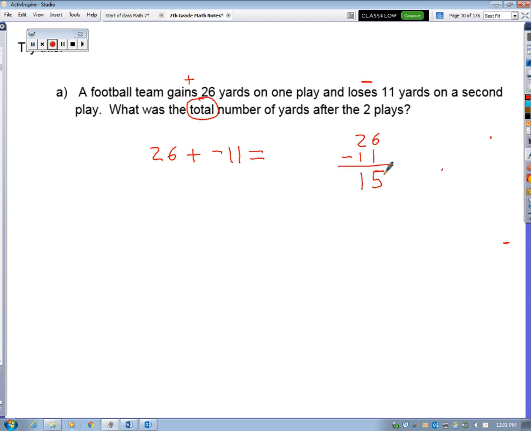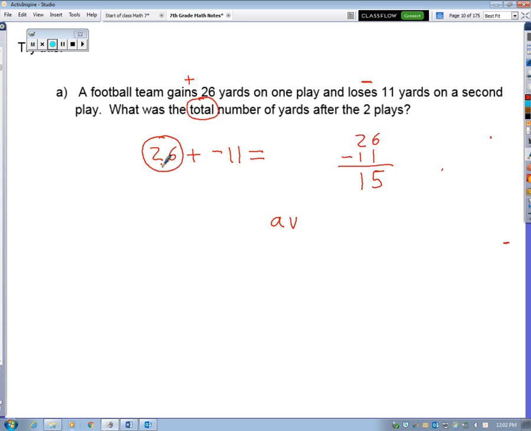The second step is we want to make the answer have the same sign as the number that has the bigger absolute value. All right, so absolute value, remember that means the furthest away from 0. So which of these numbers is the furthest from 0? It's going to be 26. 26 is a whole lot farther away from 0 than negative 11.